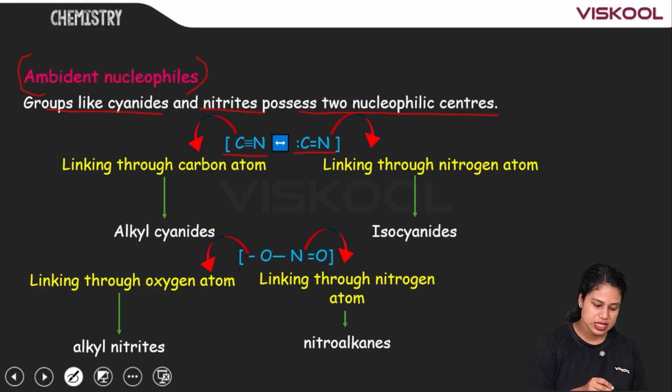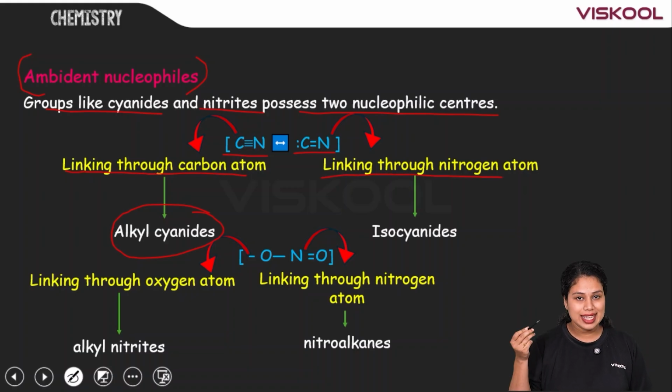In the first case, the linkage is taking place through the carbon atom, and we call it alkyl cyanides. In the second case, the linkage can take place through the nitrogen atom, and we call it isocyanides. So ambident nucleophiles means groups like cyanides and nitrites possess two nucleophilic centers.